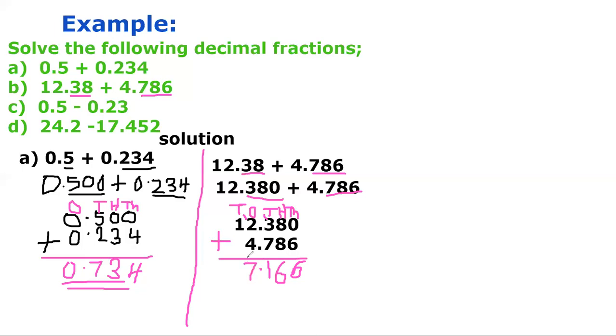Then here there's nothing, so it's left with only the 1. Then this 1 will be also here. So our final answer here is 17.166. Remember, decimal numbers are read one after the other. It's not seventeen point one hundred sixty-six, but rather seventeen point one six six. Good.